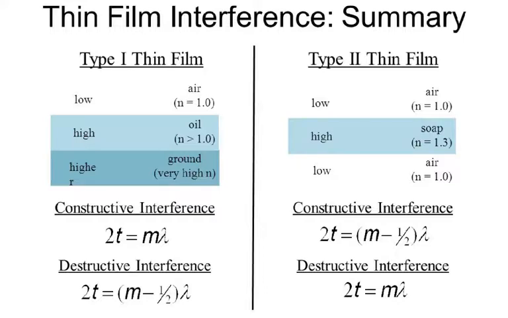So let's look at some examples and problems involving these formulas and how to solve them. I should also mention that the lambda that you see in these formulas is not the wavelength in the vacuum.